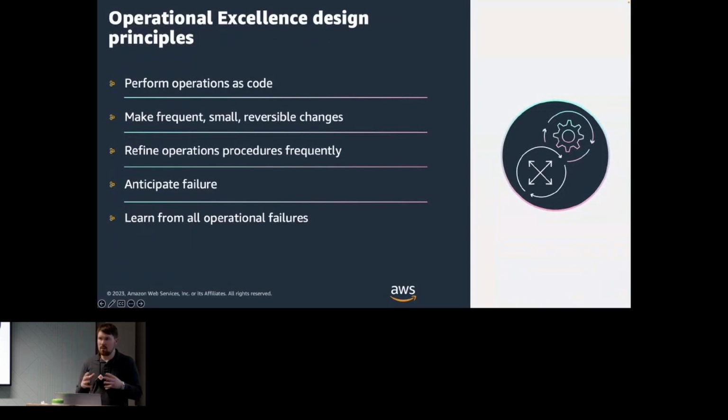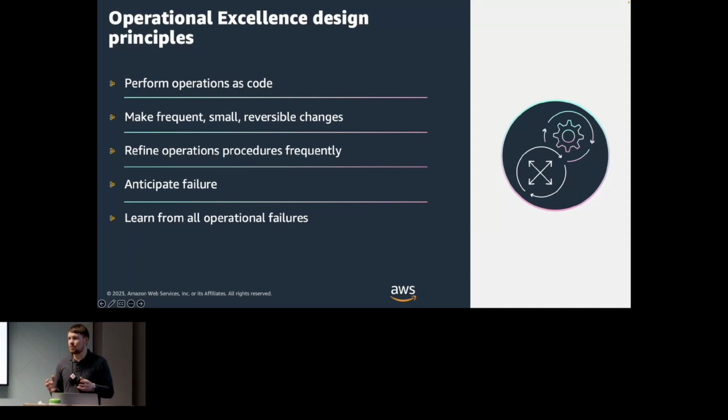A key theme that you will see not only here, but in other pillars as well throughout the Well-Architected framework, is using automation. Specific to operational excellence, it's about automating operational procedures so you can run them automatically in response to events. This frees up your time, it reduces human error, and it gives you consistent results.